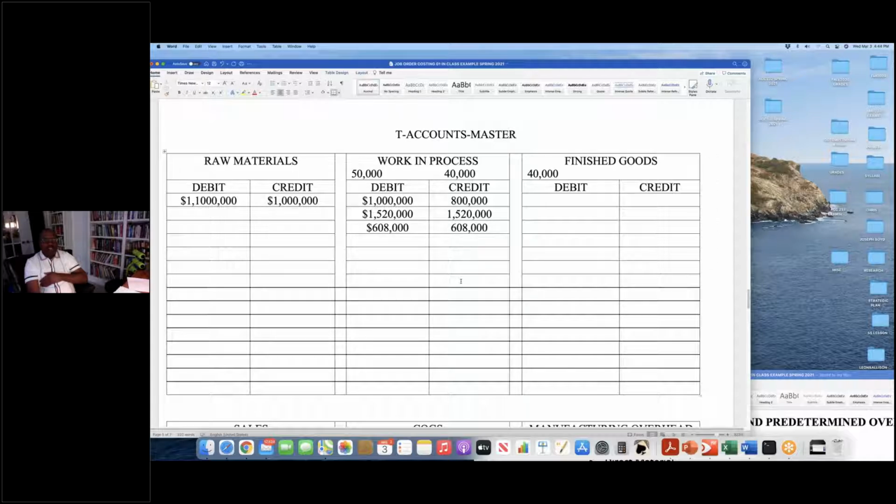How much is that being transferred out? We add these three numbers. Just add 820 and 608 and put 3 zeros. How much? 2,928,000.